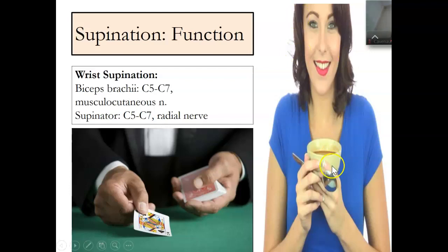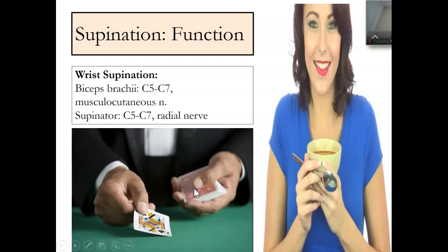So here we have her holding a can of, it looks like soup. She's got a spoon. So she's got her hands supinated to a degree. They're kind of halfway, and she's hanging on to the cup of soup with two hands. Here, this guy is a dealer. So let's say he's in Las Vegas and he's a blackjack dealer.